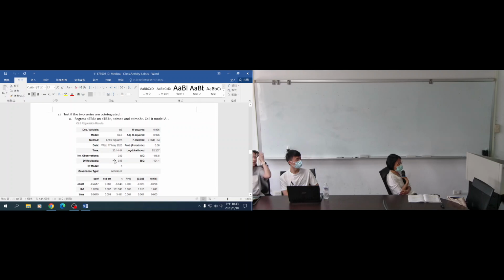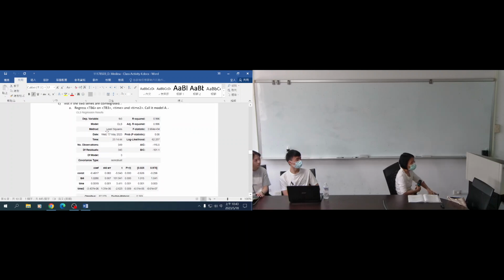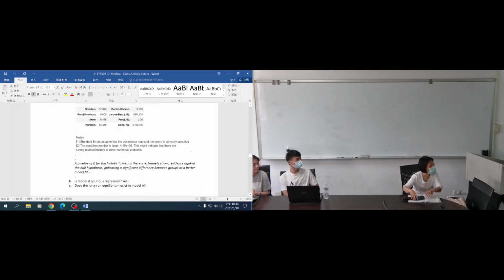Then I did a test for co-integration here. First, I did the usual OLS regression. R squared here is 0.996, which is pretty high. However, the test statistics here are very low.